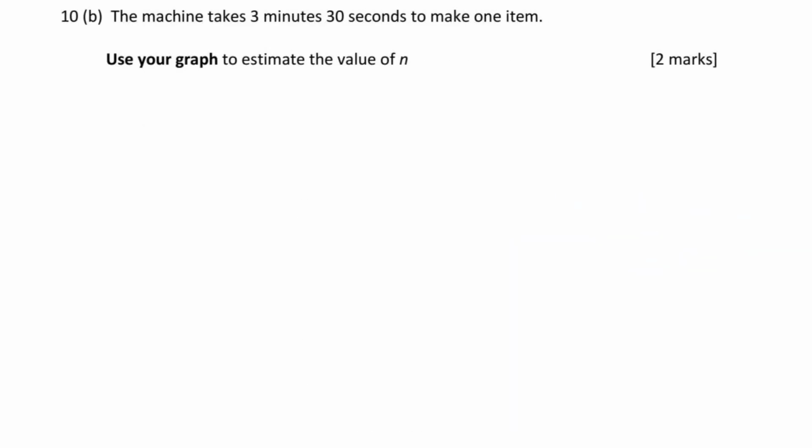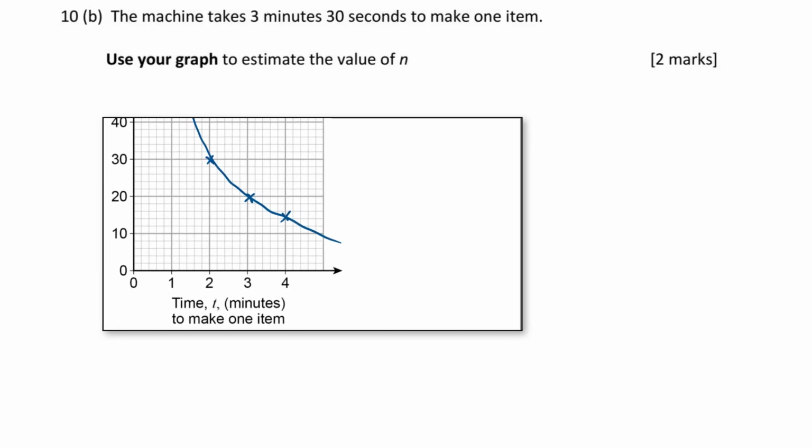Okay, right, so part B says the machine takes 3 minutes 30 seconds to make one item. Use your graph to estimate the value of n. So 3 minutes 30 is halfway between 3 and 4. Let's get a ruler out.